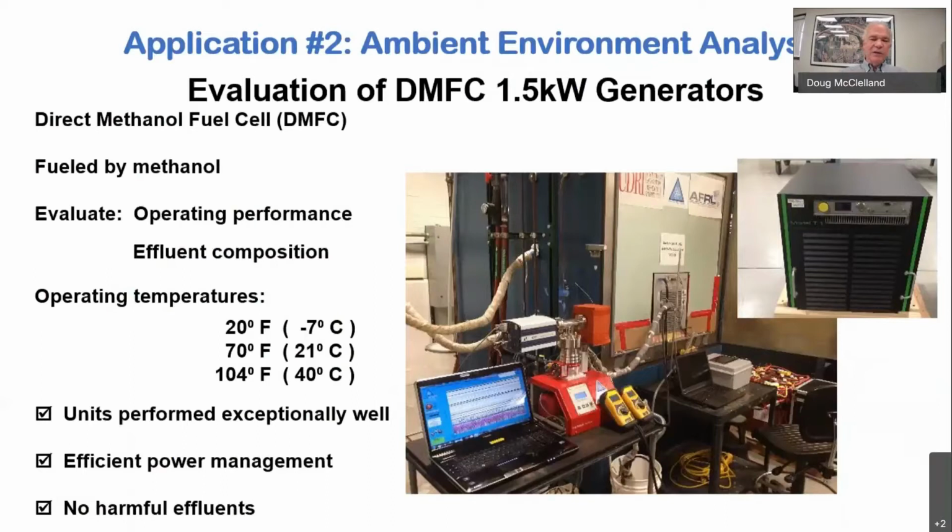You'll see that the unit's placed inside an oven here, and it's operated from 104 degrees F down to 20 degrees F to simulate the changing conditions that it will experience in real life. And we're monitoring the effluents with the mass spec as shown here in the photograph. We're happy to report that this unit performed excellent as far as operation and absolutely no effluents to speak of whatsoever.